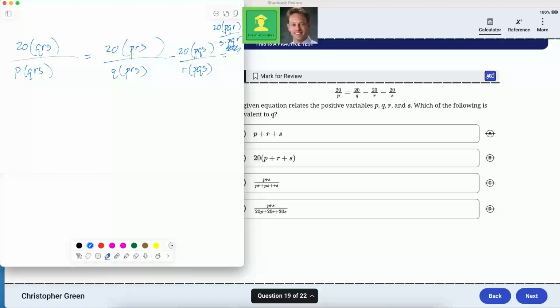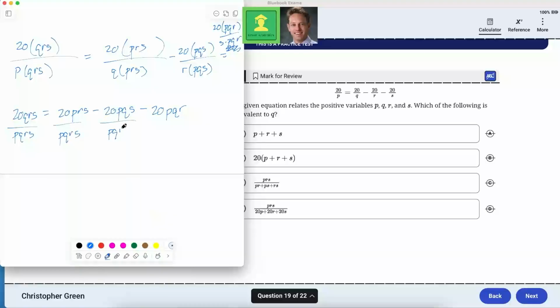Let me write that a little bit neater on the next line. So now 20 QRS equals 20 PRS minus 20 PQS minus 20 PQR. And of course, all of these are over PQRS.